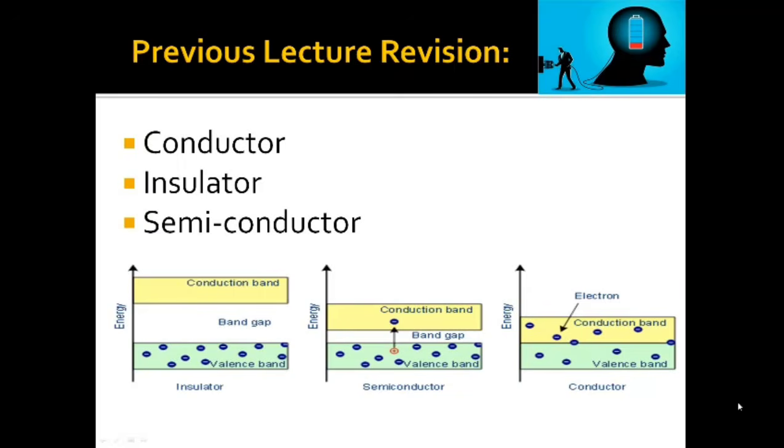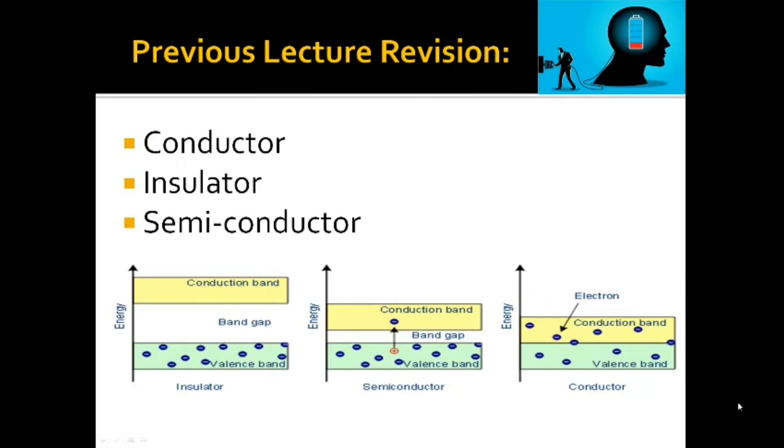Now, let's go to the right first, which is the conductor. You will realize that there is no energy gap. The valence band and the conduction band overlap, so electrons move easily from the valence band to the conduction band. So the material conducts electricity with ease, without stress.